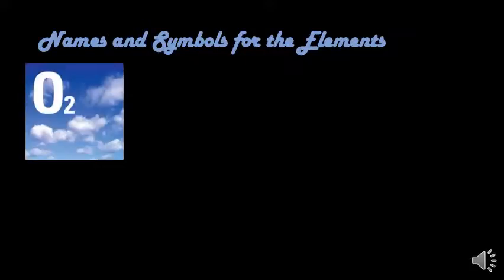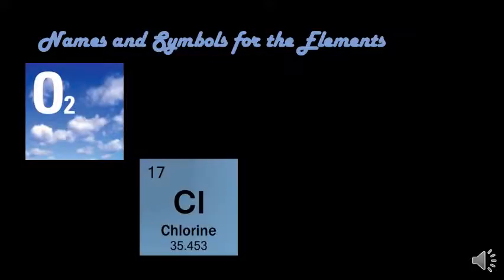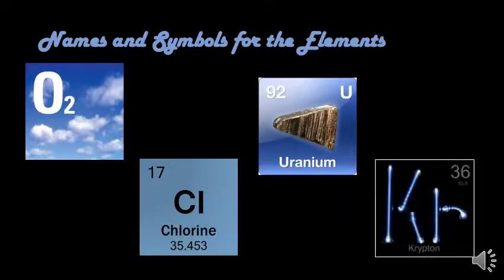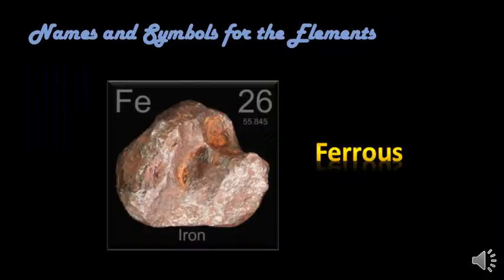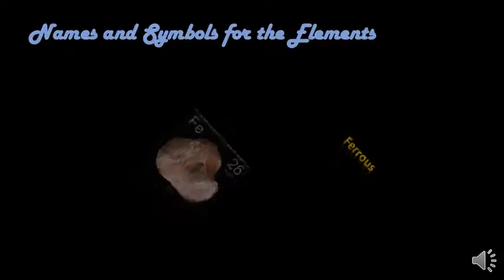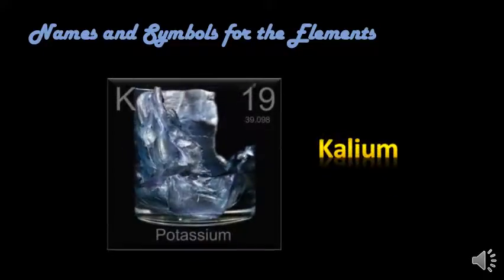You do need to know the names and the symbols for the elements so you can learn to speak chemistry fluently. So oxygen, chlorine, uranium, krypton, those are pretty straightforward. Where it gets different is things like iron. Iron's symbol is Fe, and that's Latin for ferrous. Potassium's symbol is K, and it has to do with its Latin name, Kalium.